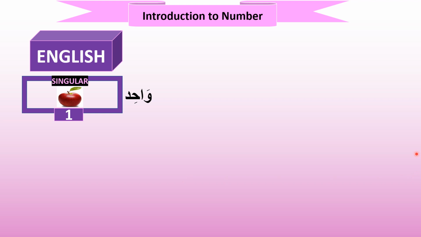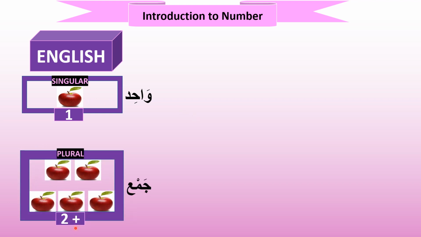We can focus on this particular slide where I'm bringing some examples to elaborate on the concept of number in Arabic. In English, for one apple, we say one apple, it's called wahid. Apple is tufaha, but it's treated as a wahid word, singular. 2 or more apples will fall under jam, plural.